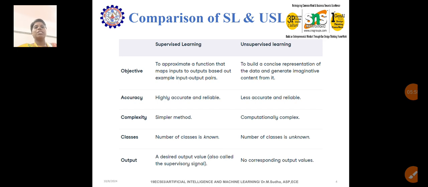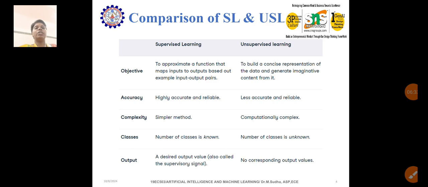Coming to complexity, supervised learning is a simple method because we know the data priorly, that is, labeled data is given as input. Unsupervised learning is computationally complex, because it doesn't know what kind of data is fed to the machine, so it has to analyze and group it, and after that the results come. Regarding classes, in supervised learning the number of classes is known, and in unsupervised learning it is unknown.